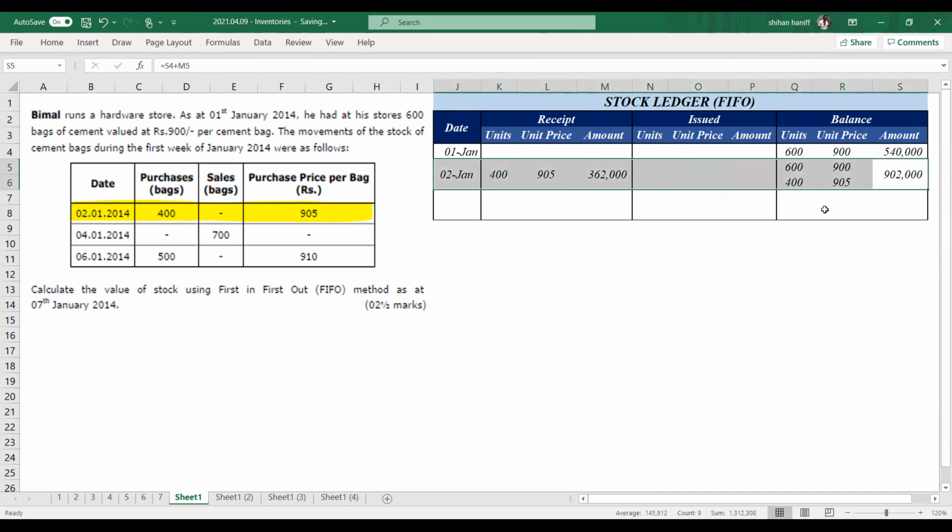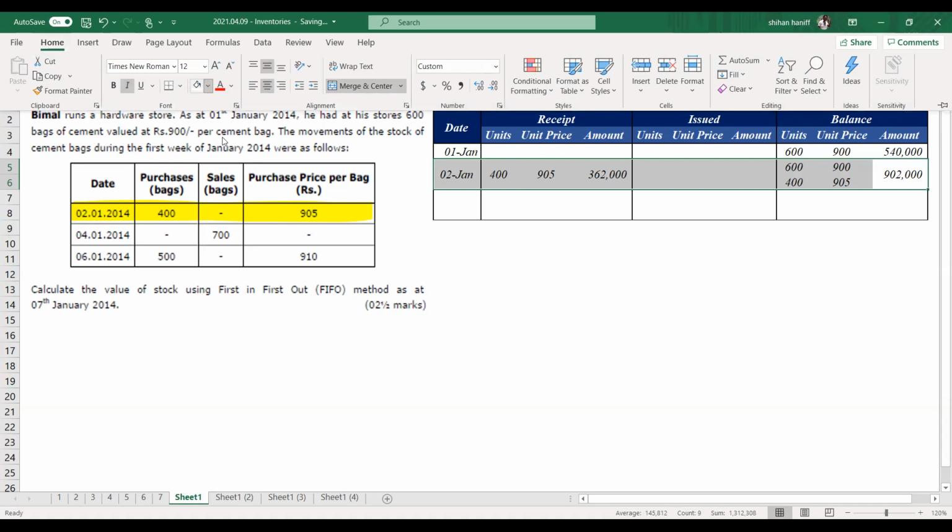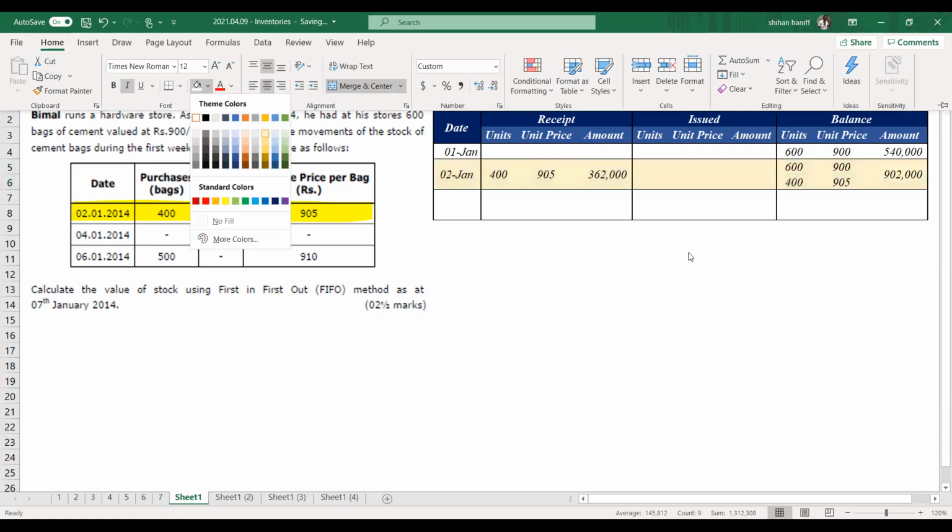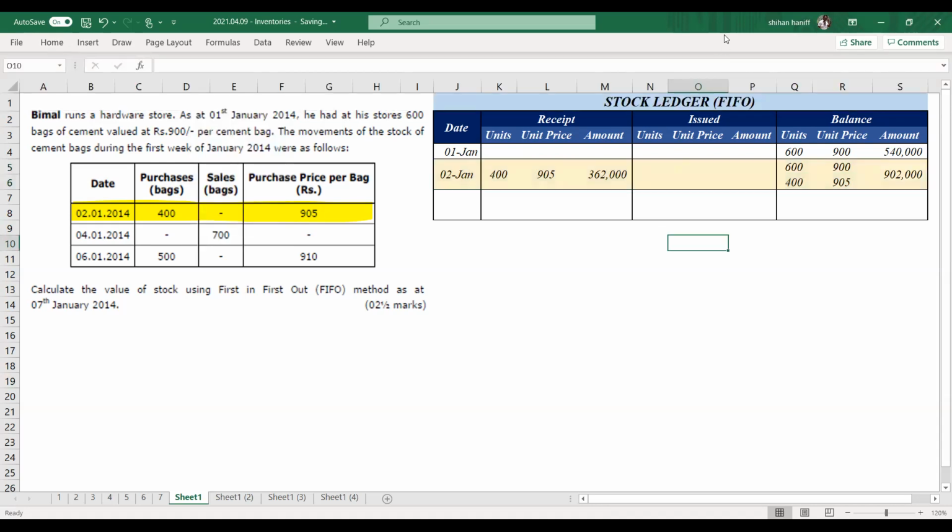So that's your purchase. Total, there is 1,000 bags.